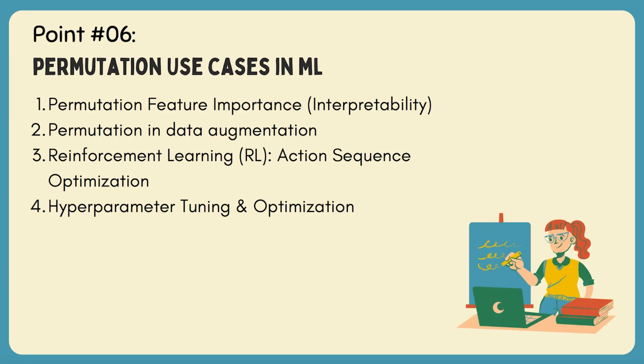Interpretability is basically a term where we humans try to understand the internal working of a model, that is, which inputs are responsible for the output generated by the model, and to what extent these inputs are responsible for that specific output.